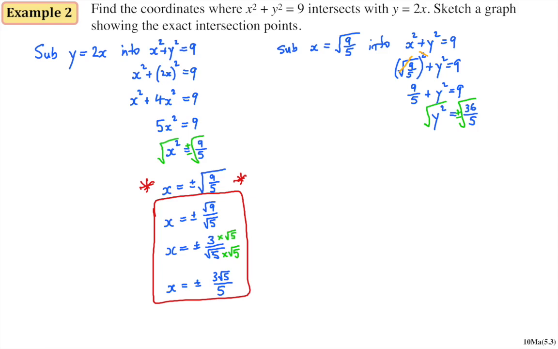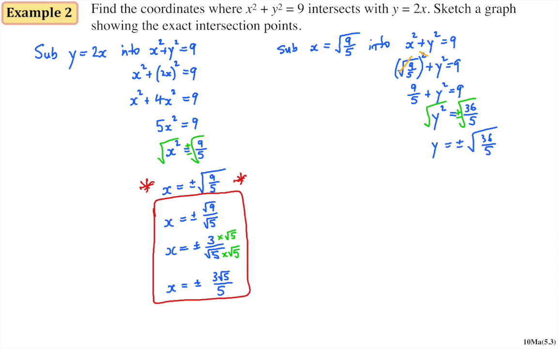Which means that y is going to equal, let me undo that and do that in blue, y is going to equal plus or minus the square root of 36 over 5.